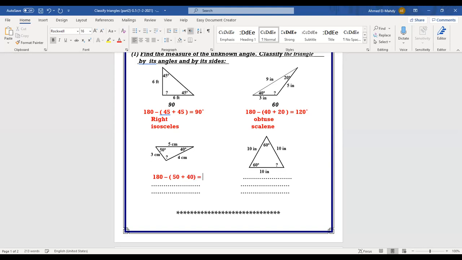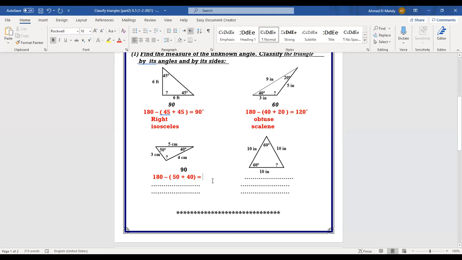Add 50 plus 40, 90. Good. And subtract now 180 minus 90. 180 minus 90 equals 90.